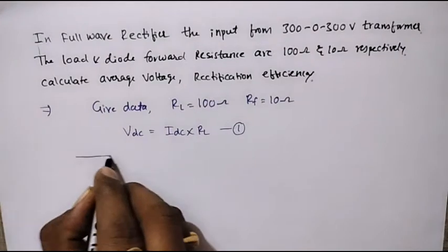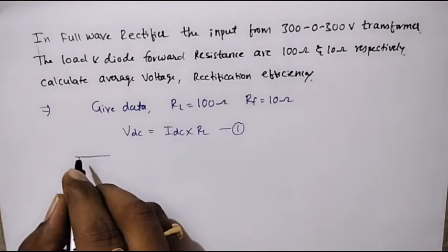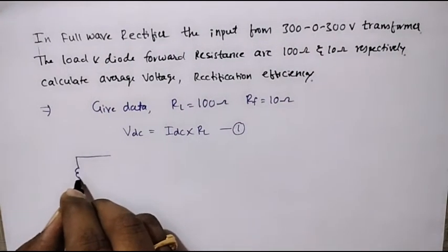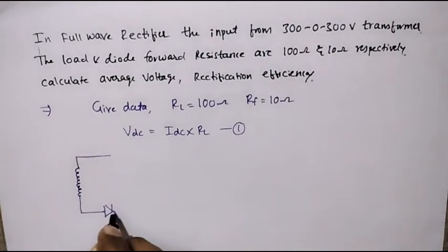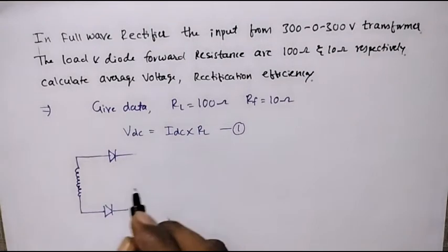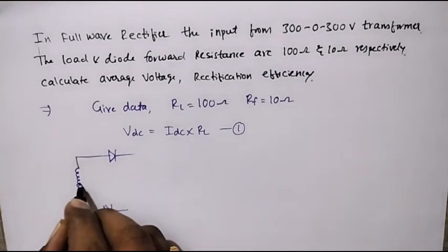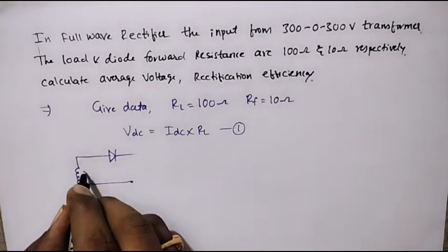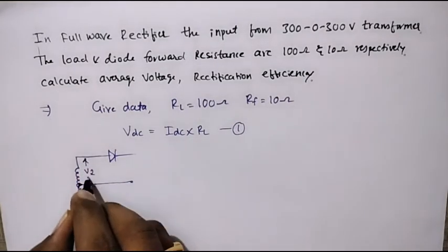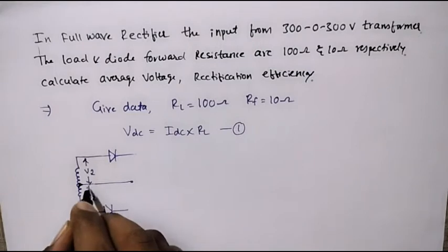In a full wave rectifier, the transformer secondary is like this. Here the diodes are connected, and we know that there is a center tap. This will be V2 and this will be V2.